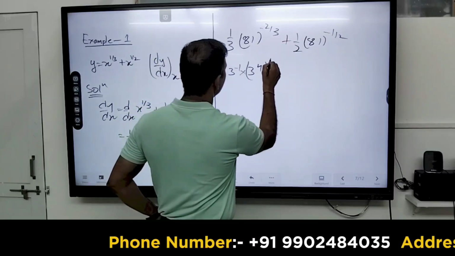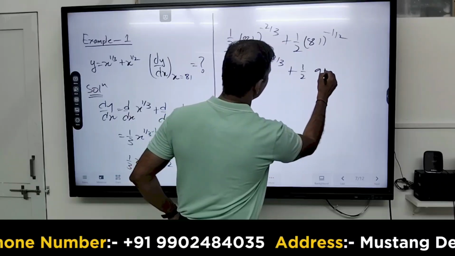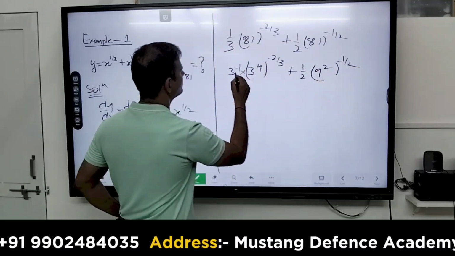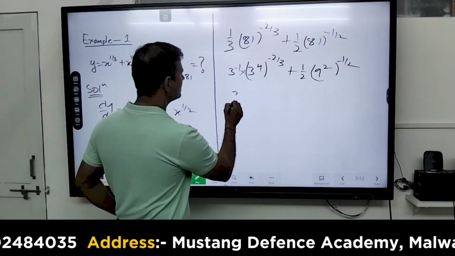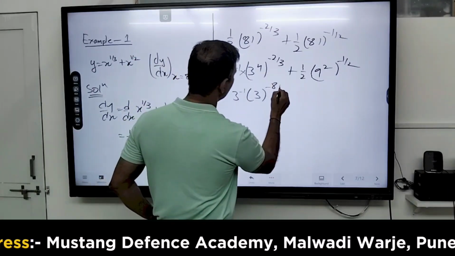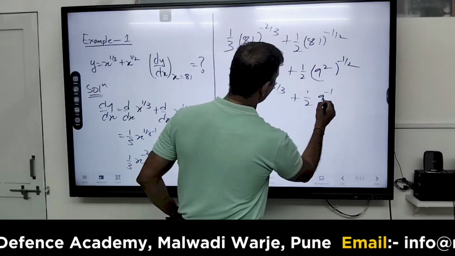This will be 3 raised to minus 1 into 3 raised to minus 8 by 3, plus 1 by 2 into 9 raised to minus 1, as 9 squared is 81.